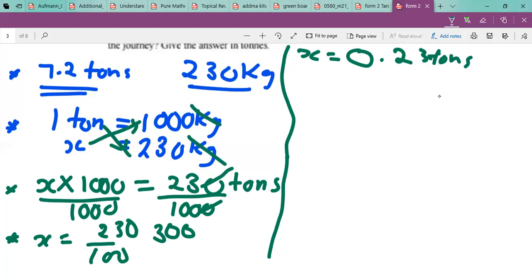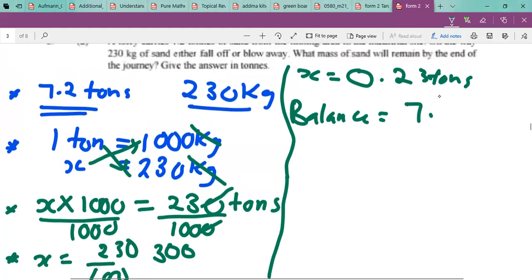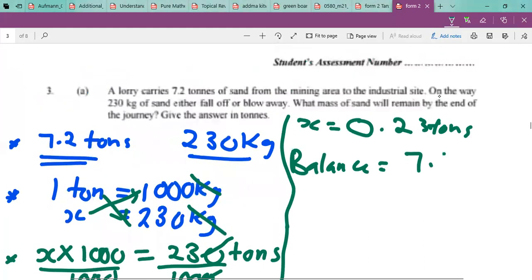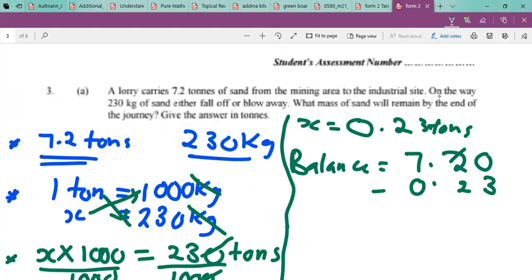Then what is the balance, or how much sand will remain? So the balance will be equal to the total number of tons as the truck was starting off from the mining area, which is 7.2, minus, or we subtract this that has been blown off, 0.23 tons. So we can introduce a 0 here. All right, so we have a 1 remaining.